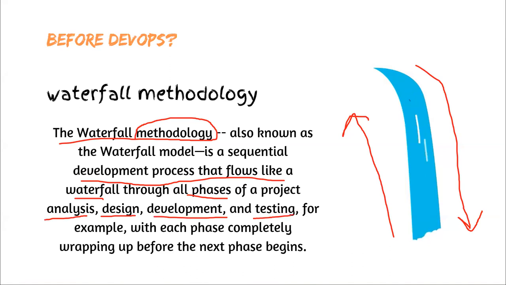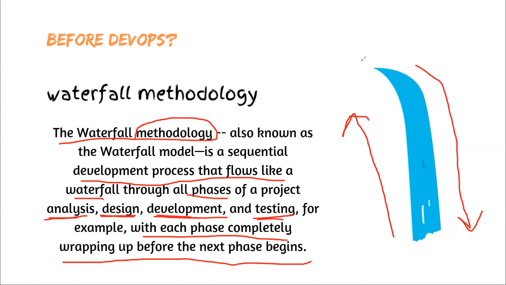What we call as phases are simply nothing but your steps. Step number one is analysis, and after that, design, and finally you have testing phase. So it flows like a waterfall through all phases of a project: analysis, design, development, and testing, with each phase completely wrapping up before the next phase begins.